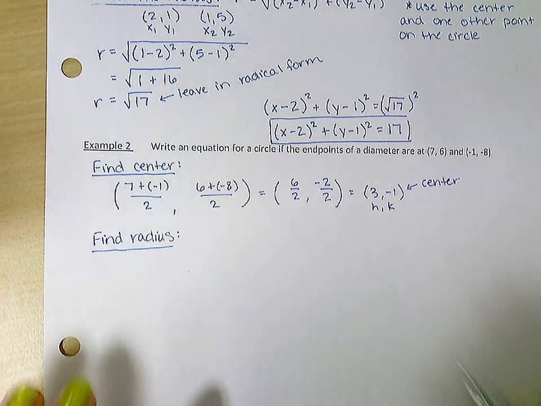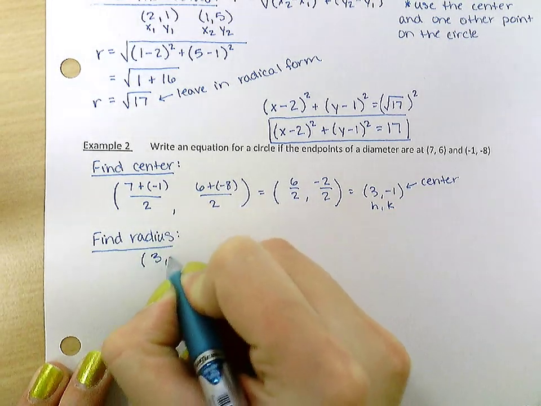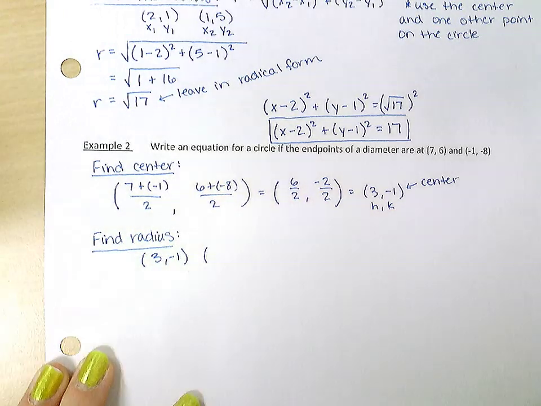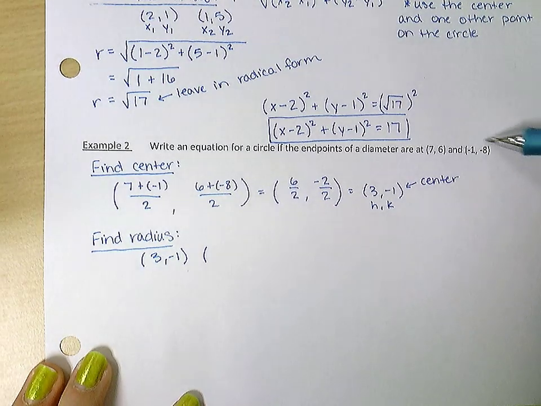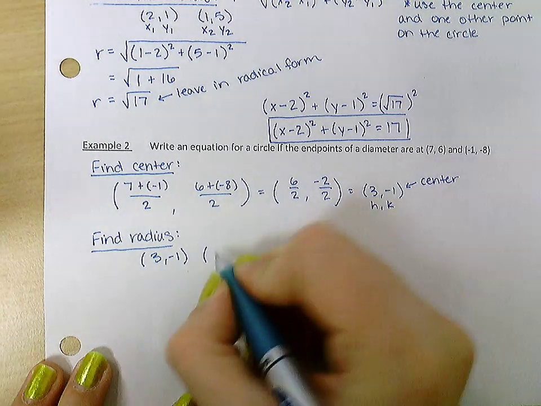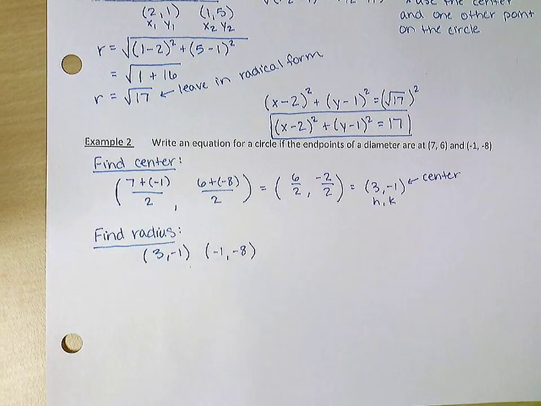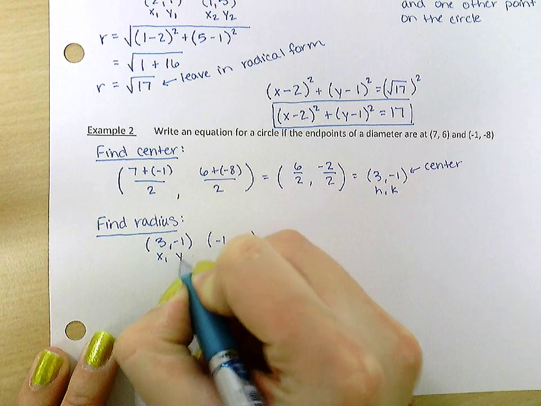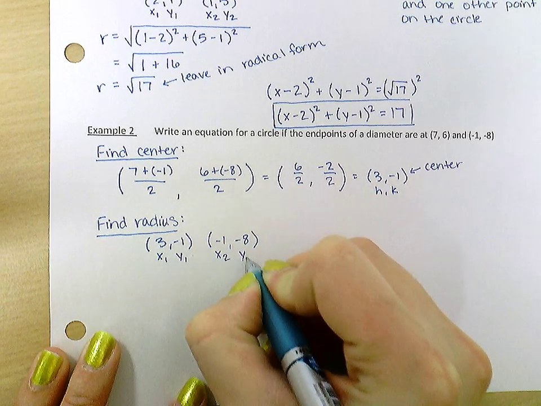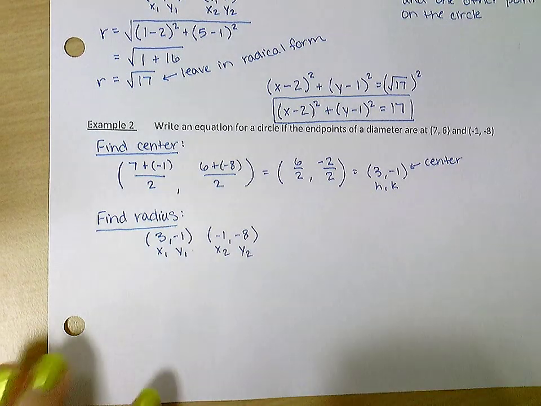So plugging in, our center point is (3, -1), and then for one of our points on our diameter, I'm just going to use (-1, -8). Again, we can label those points x sub 1, y sub 1, and x sub 2, y sub 2, so that we can plug it into that distance formula.